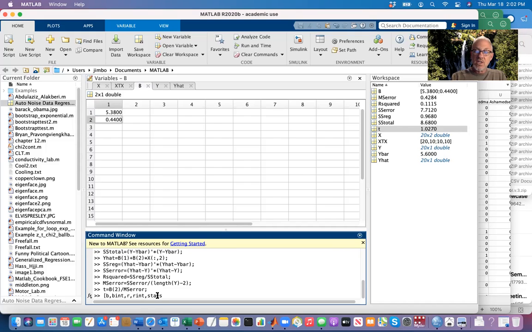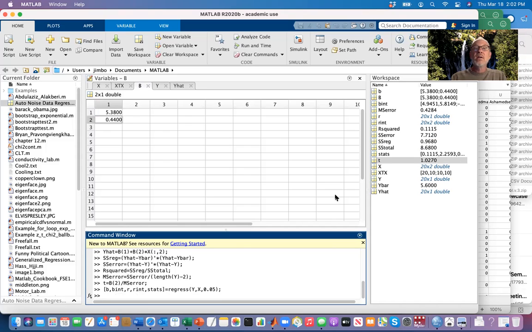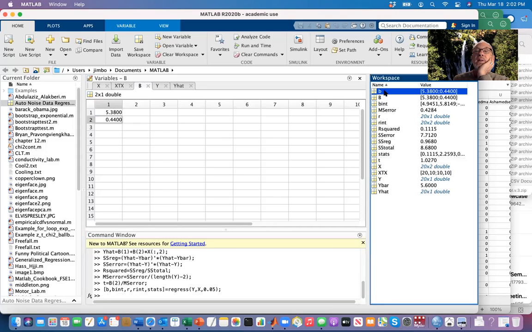A bunch of stats that we like. And that's going to be regress y on x, with alpha as 0.05 as a default. So as we take a look, what is B? Okay, that's from regress. You'll notice that the matrix algebra and regress are exactly the same.